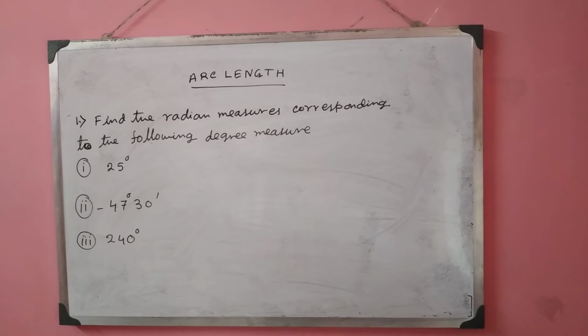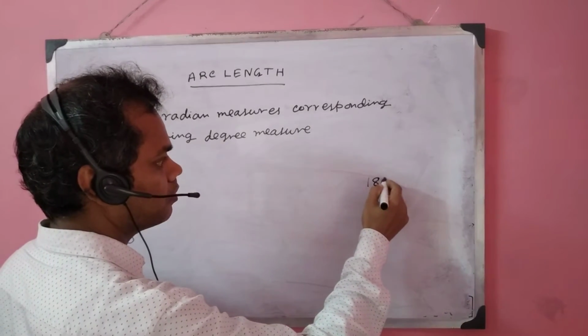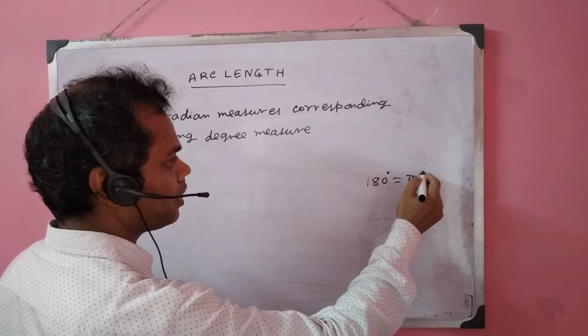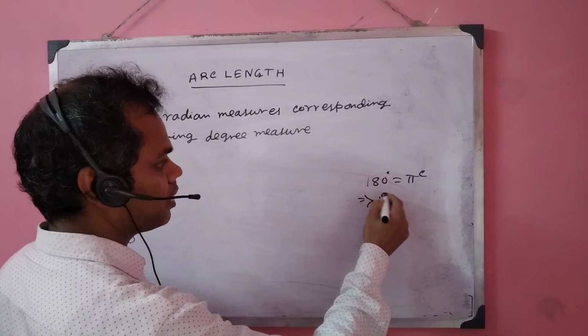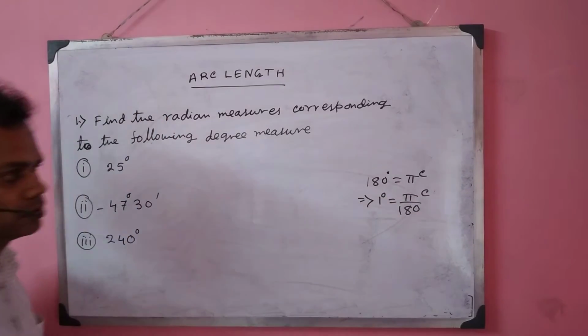Find the radian measure corresponding to the following degree measure. 25 degree. Here 180 degree equals pi radian. So 1 degree equals pi by 180 radian.